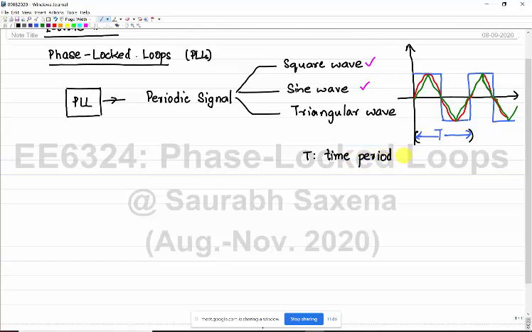The question is, PLL is just a block which is generating this periodic signal, so what is so great about it?